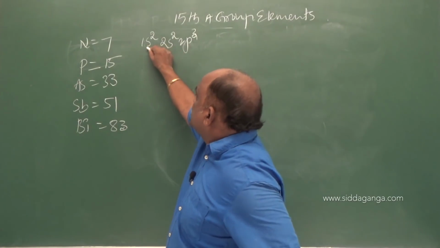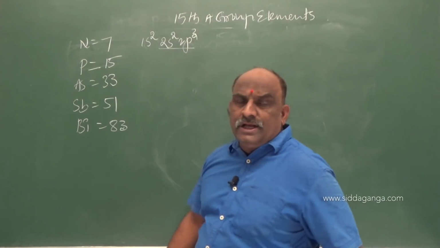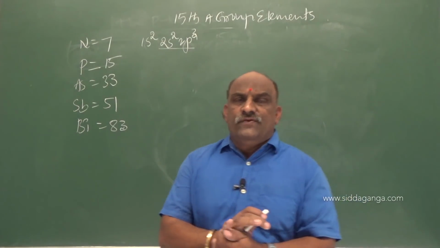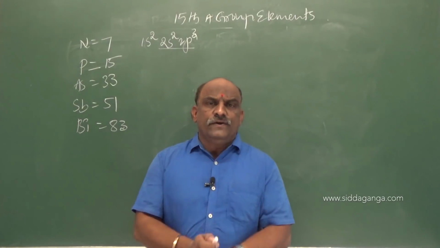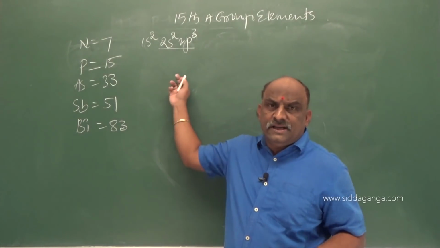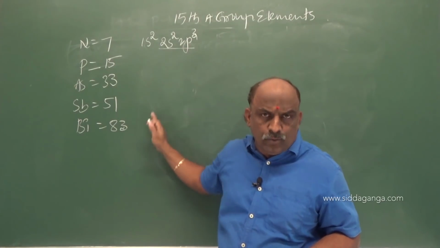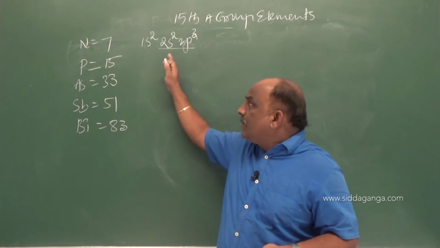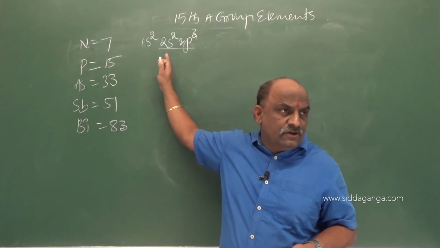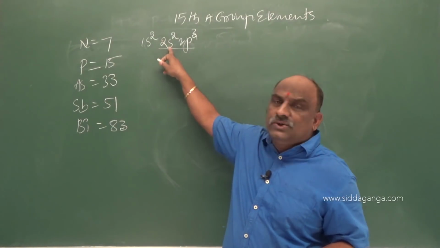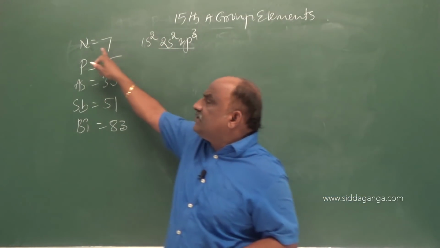So 1s2, 2s2, 2p3. Make a note, students, because according to the electronic configuration we find the general oxidation numbers of 15th group elements, and some properties also can be found from this. So 1s2, 2s2, 2p3 is the electronic configuration of nitrogen.